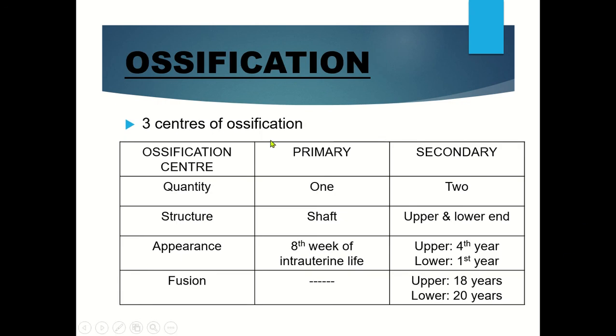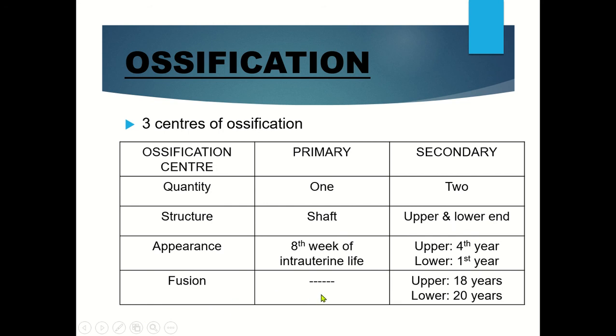There are three centers of ossification. Ossification centers on the basis of quantity: primary 1, secondary 2 on the structure. Primary is present on shaft, upper and lower, and secondary appearance is at the 8th week of intrauterine life. Appearance upper 4th year and lower 1st year.